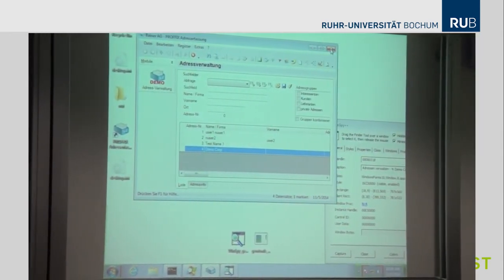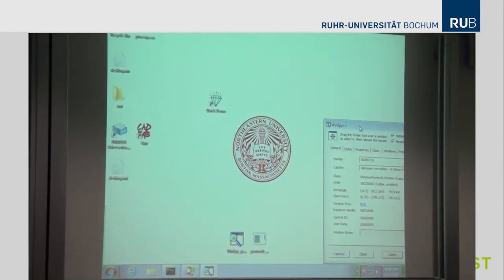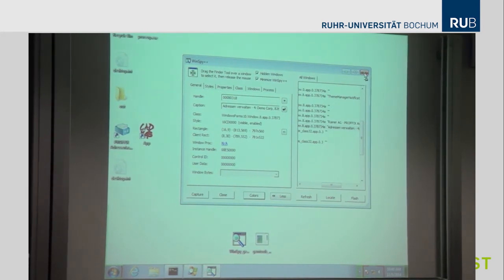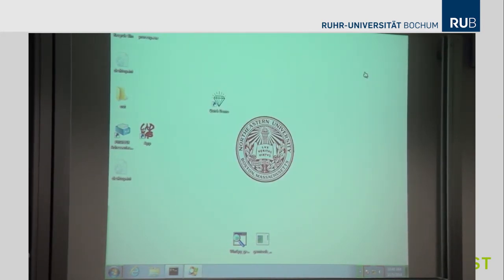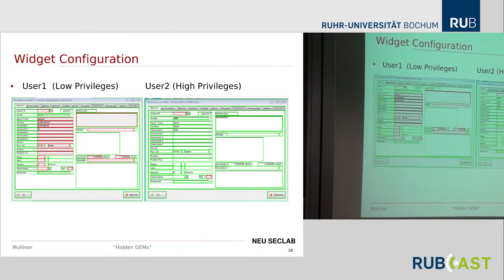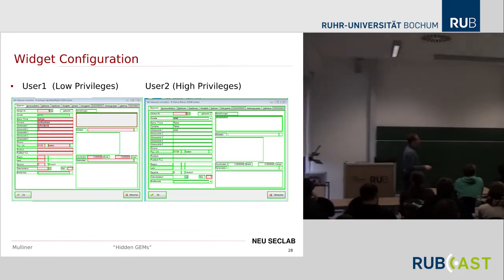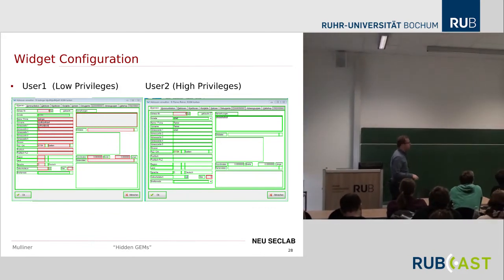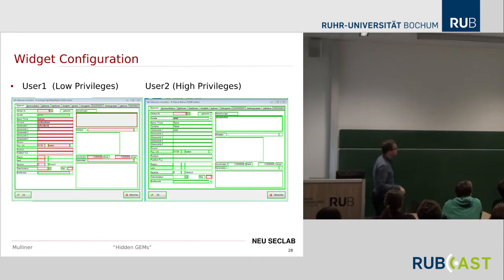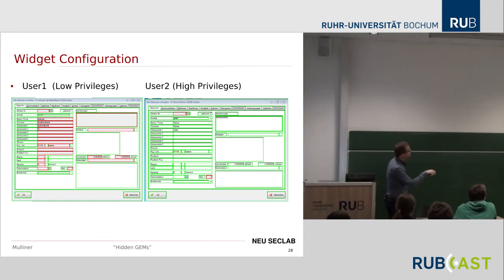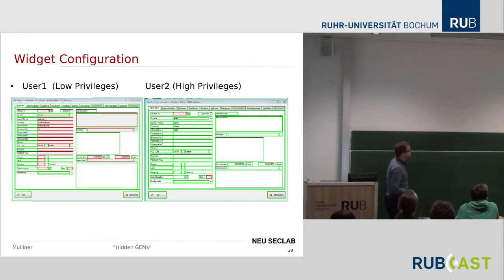We could log in as a different user and see there are different settings, but I won't go to the same screen again and do the exact same thing. Basically, you can log into the application with two different users with high and low privileges. The user with low privileges has all fields set to read only, and the user with high privileges has everything set to read and write.